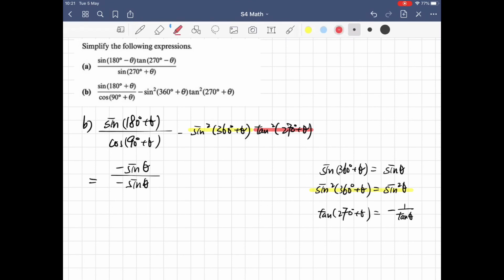We will then take the square on both sides, and don't forget the negative, we have to square it also. So the result will be tangent square 270 degree plus theta equals 1 over tangent square theta.